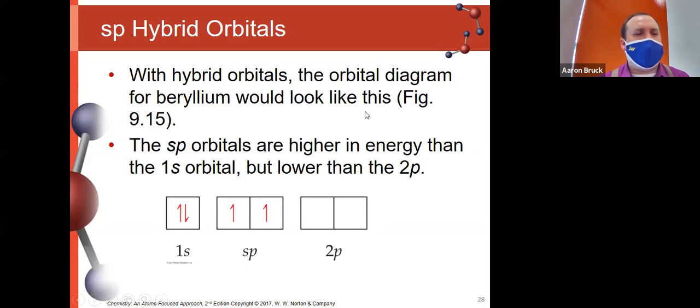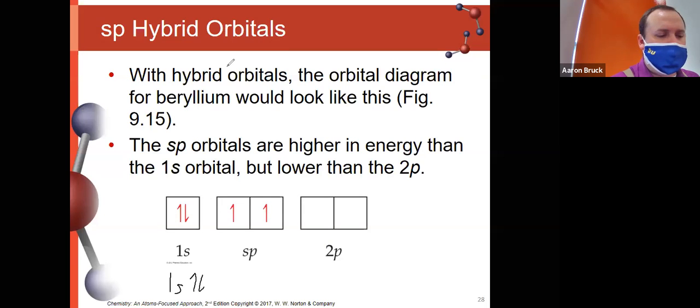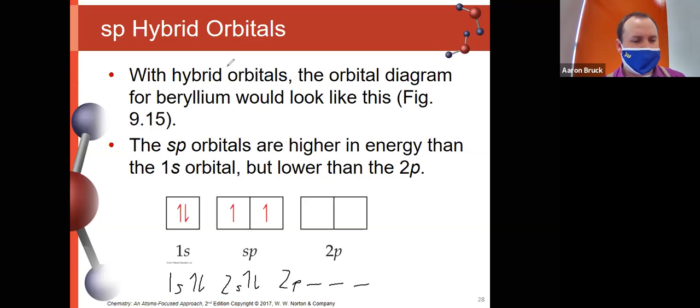So how would it look from the perspective of our orbital notation, or electron configuration? You recall that initially we had 1s2, 2s2, 2p empty.